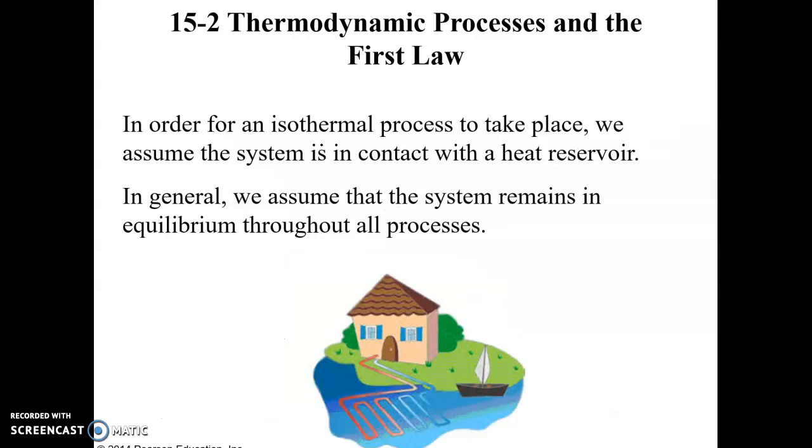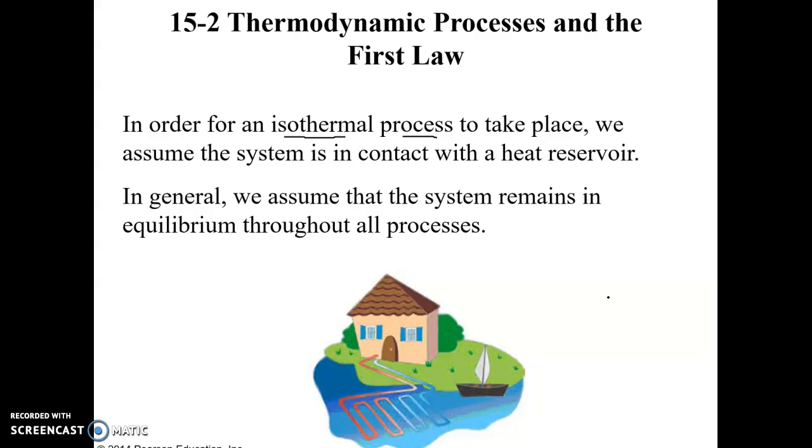So to have an isothermal process, for a thermodynamic process to take place, heat has to move from one thing to another. But usually, if you move heat from one thing to another, it increases its temperature.